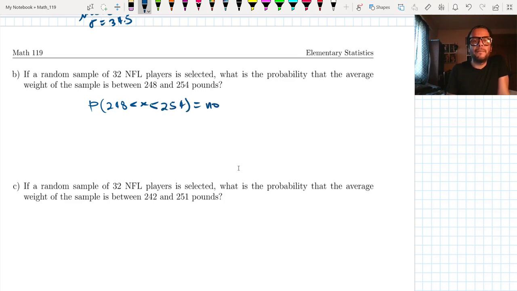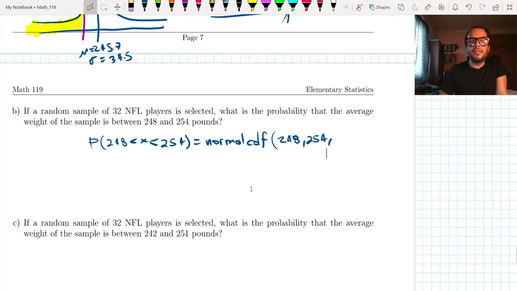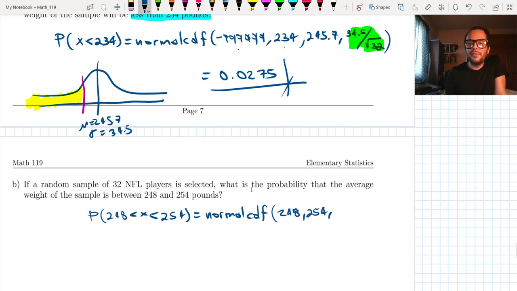So that is normalcdf of 248, that's the lower, the upper 254, and then the mean and the standard deviation same as before, so 245.7 comma 34.5 divided by square root of 32.